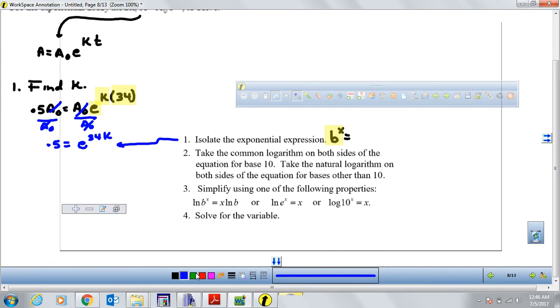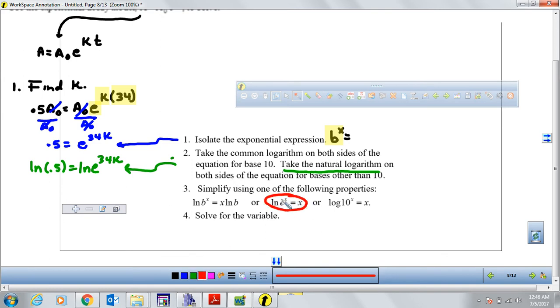Second step in the process, we need to put natural log on both sides. That's the strategy we need to follow. So we're going to say the natural log of 0.5 equals the natural log of e raised to the 34k. Then step number 3: what happens to the ln of e?